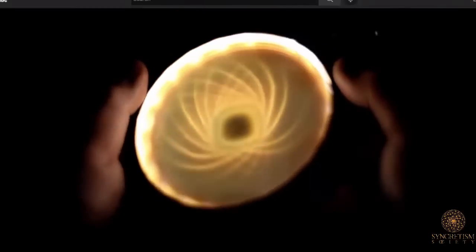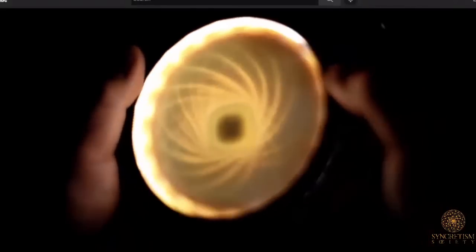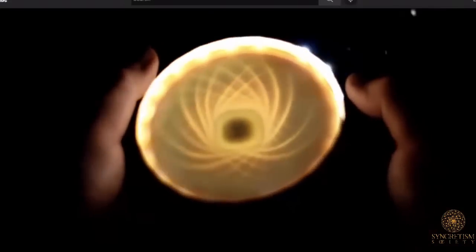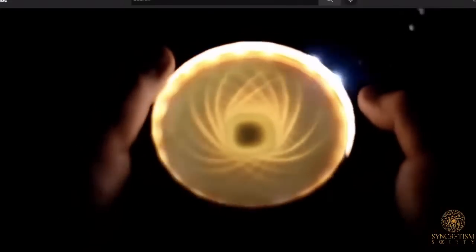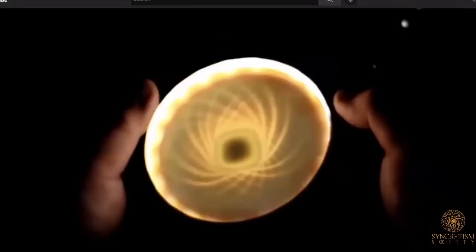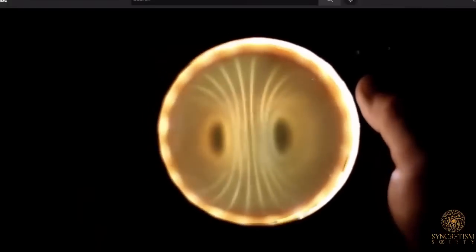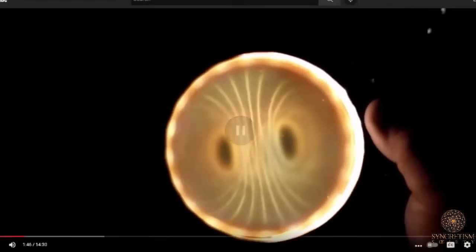You see as I pan it around, it's a little like a little black hole, right? Using a 1-inch cube of neodymium iron boron, N55 Gauss. I keep getting it out of focus. Sorry about that. Here we go. And let's bring it along the dielectric inertial plane. There you go. Flip the magnet.